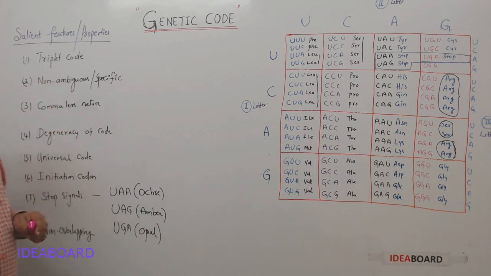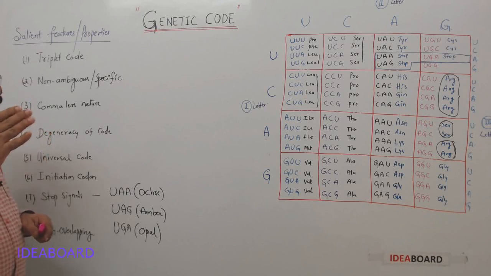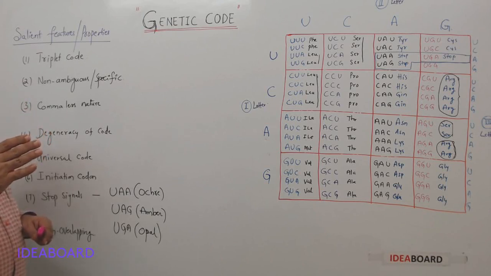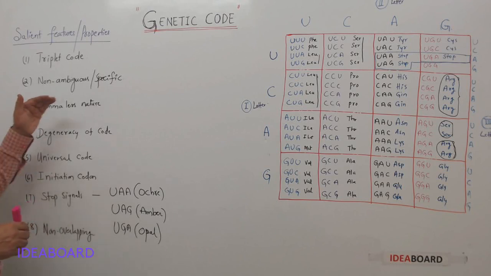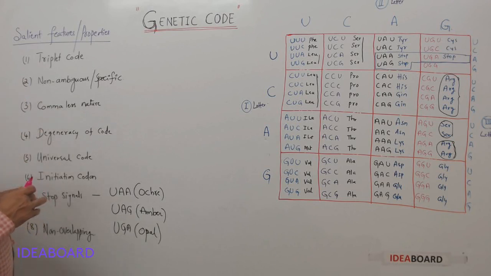Means what? One codon specifies only one amino acid. That means the codon codes only one amino acid. That is specificity. So there won't be any ambiguity here. So that's why it is called non-ambiguous.